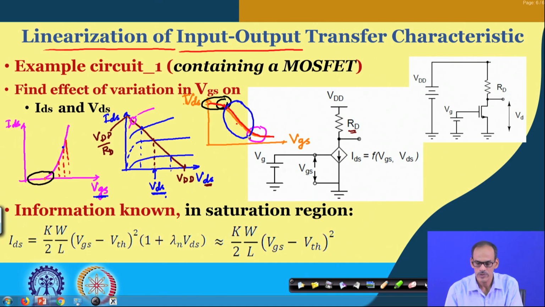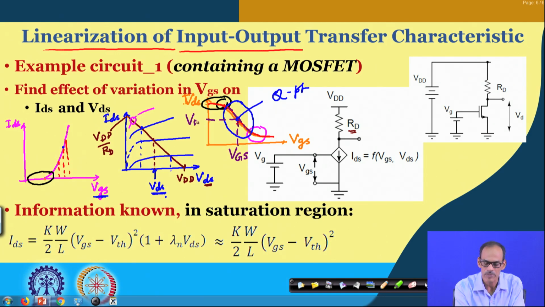So, whenever we are talking about linearization, probably we need to fix one point called the quiescent point or Q point, and with respect to that Q point we may try to linearize. Whenever we are linearizing, we can say that this Q point is defined by the Vgs, maybe capital Vgs, and the corresponding output is capital Vds, and with respect to that we may have some variation.